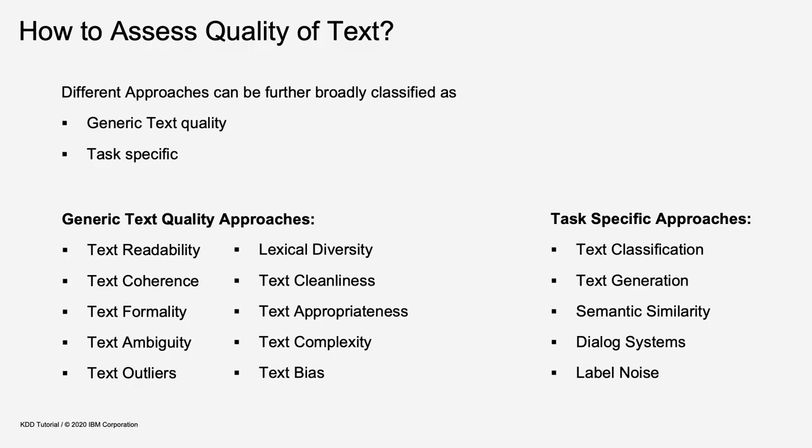To add to the list, we have text appropriateness, which measures the presence of offensive, inappropriate, or profane language; text formality, which captures the use of formal language in text; text bias, which detects the presence of biased language in text; and few other text quality approaches.